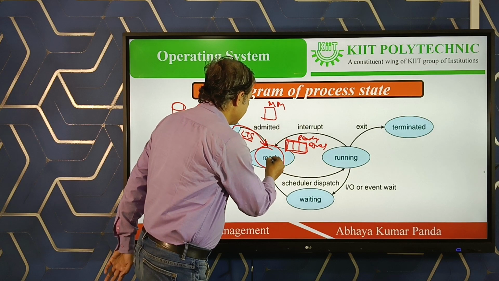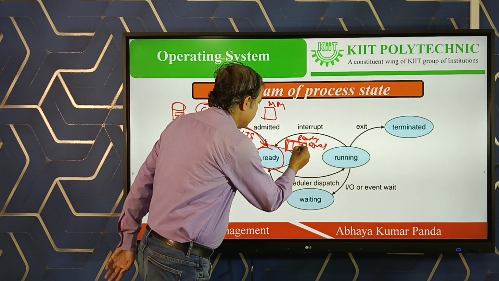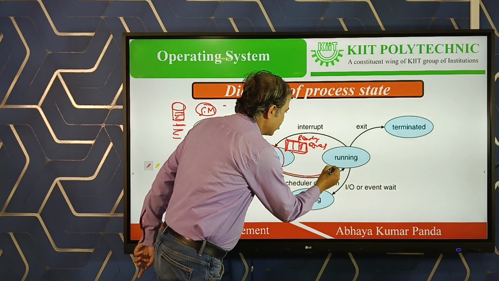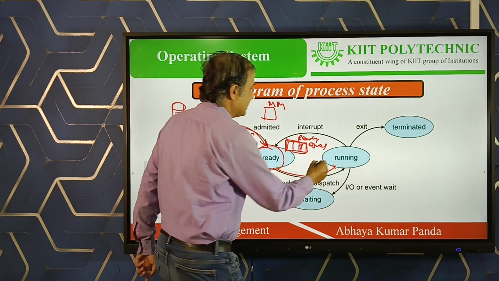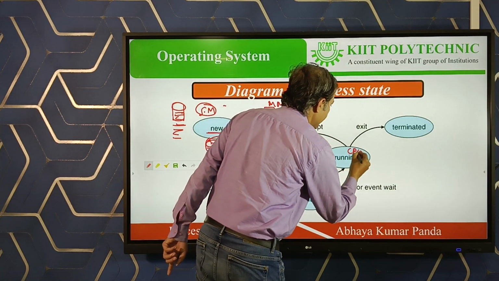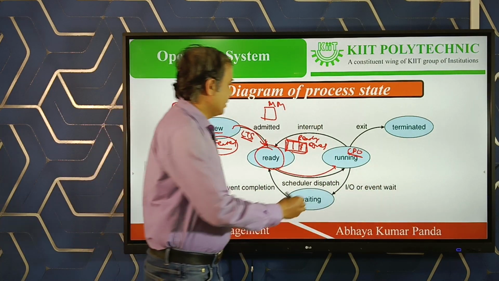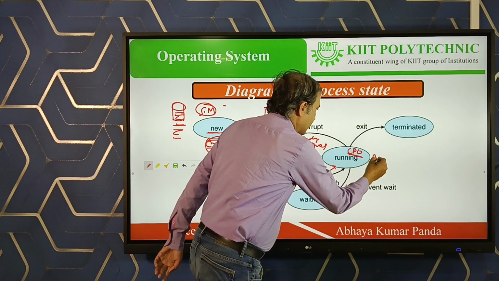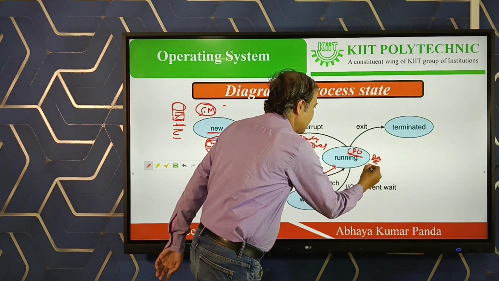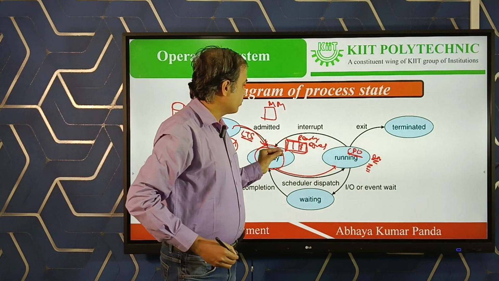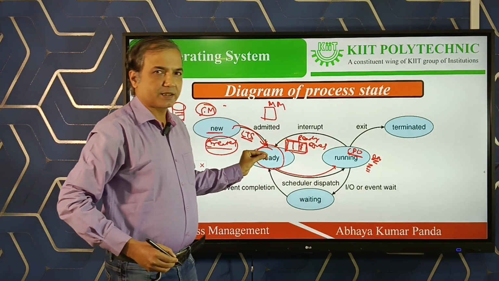When a process is in the ready queue, it is transferred to the running state. Running state means it is transferred to the CPU for execution. If a computer has several CPUs, then it sends multiple processes to the running state.